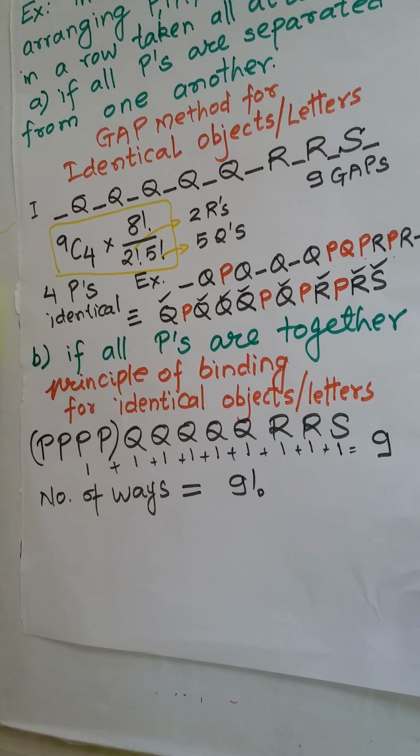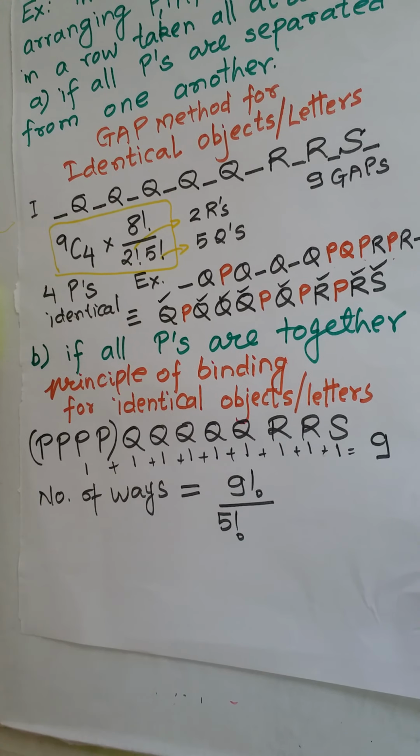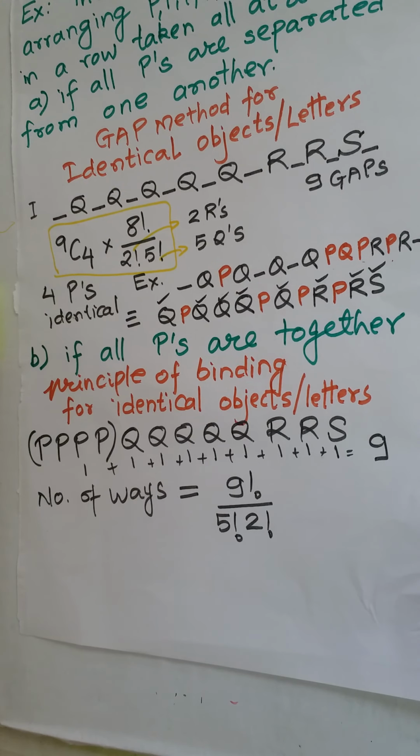So we will divide it by 5 factorial for 5 Q's and 2 factorial for 2 R's. And what about the arrangement of the 4 P's among themselves? Since they are identical, we can't arrange them. So that is the final answer.